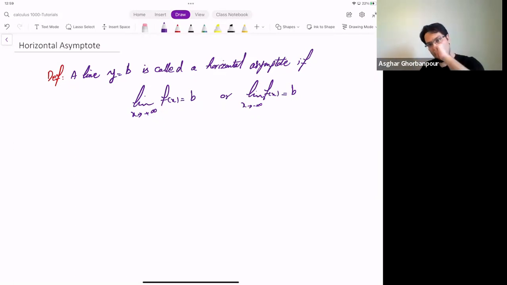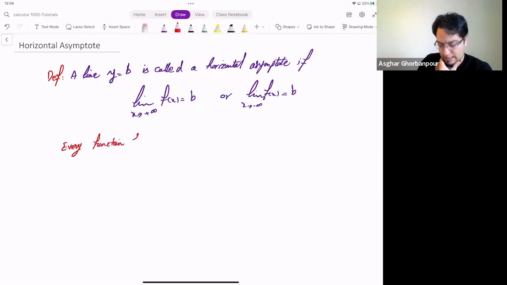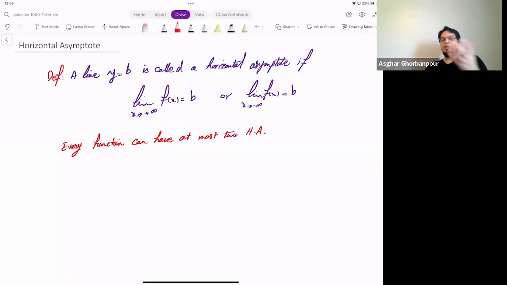There are 2 points here to note. First of all, we can have at most 2 horizontal asymptotes. Every function can have at most two horizontal asymptotes, because there are two limits to consider: as x goes to plus infinity, and as x goes to minus infinity.